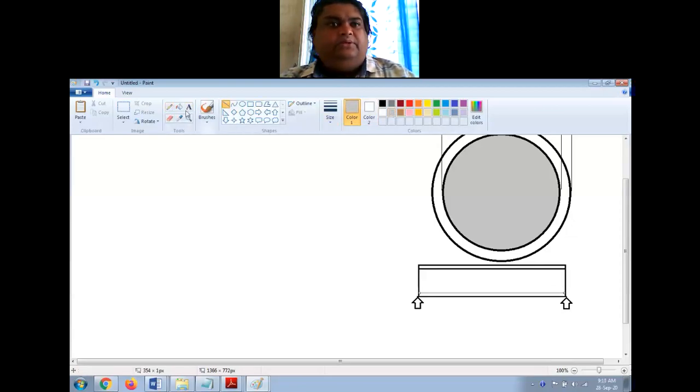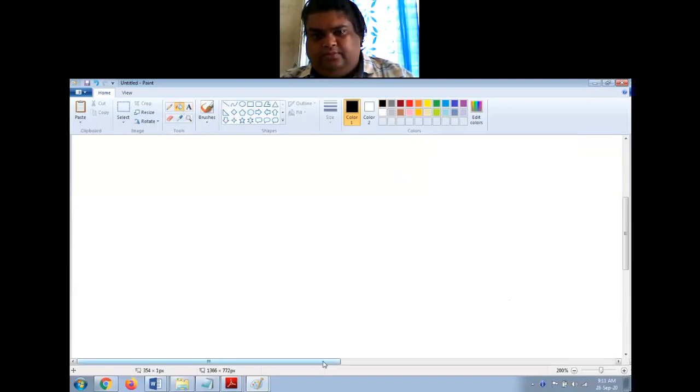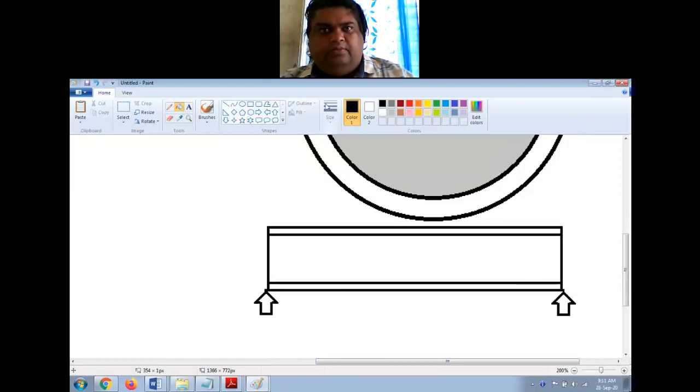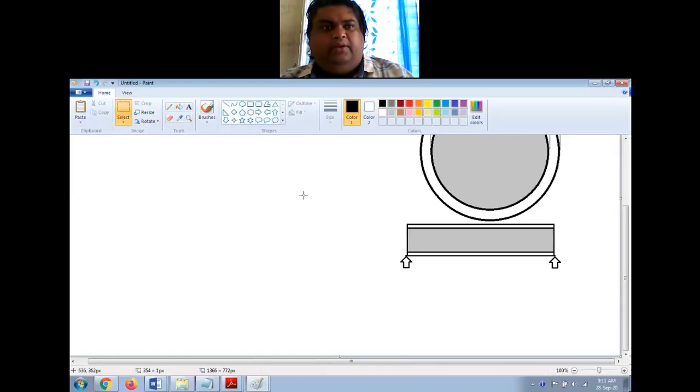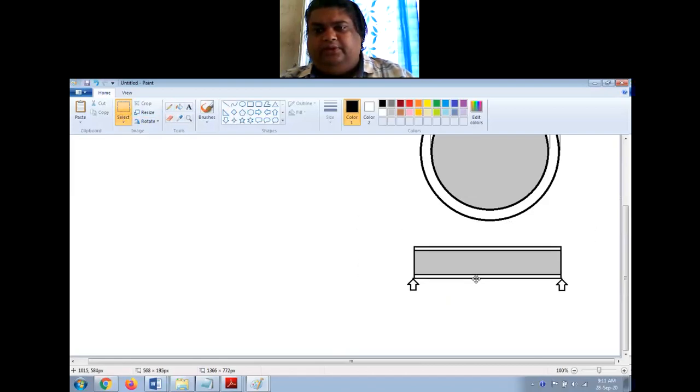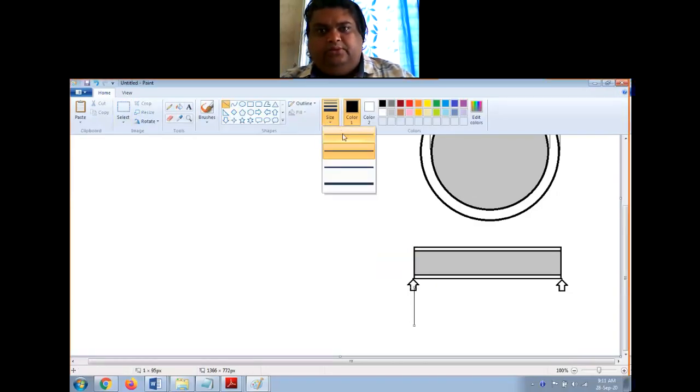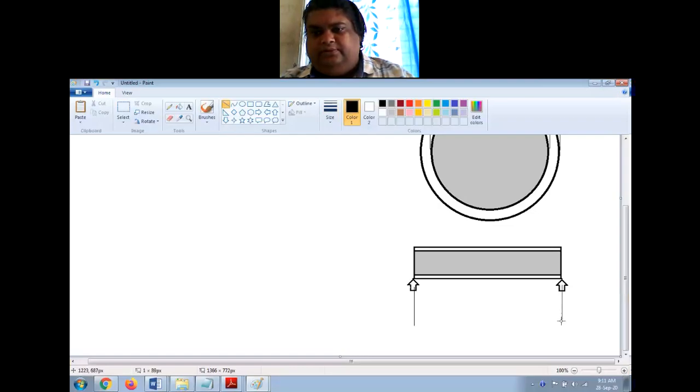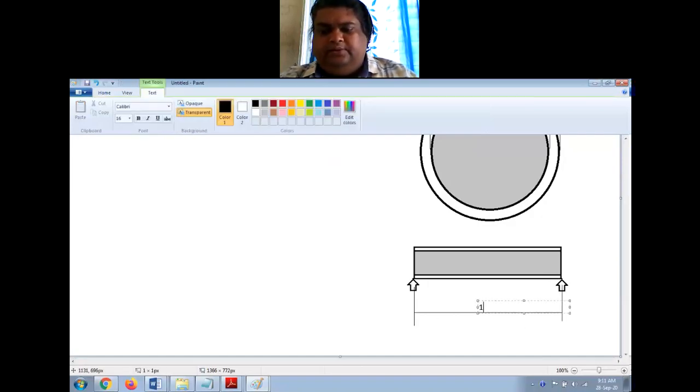Okay, and let me just shade this inside. Okay, so this is my arrangement that is given in the numerical, and the distance between these supports is given as 10 meters, right? So this is 10 meters.